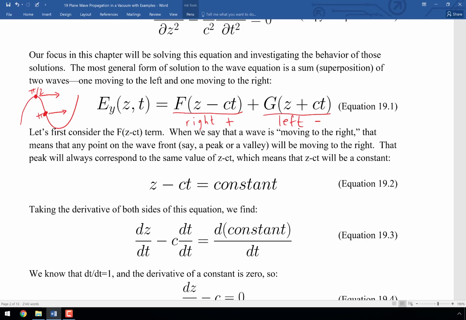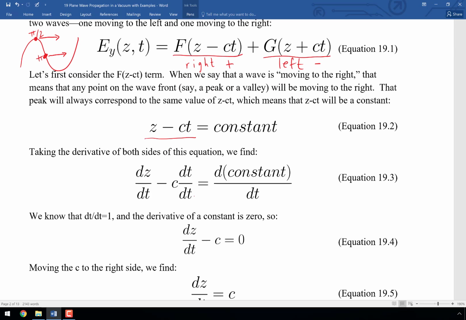Now, as z and t both are changing, it's going to change in such a way that the wave is going to move. We'll see some more examples of this, but what I want you to see right now is that if we look at this first term, f of z minus ct, that z minus ct term is going to need to be constant if we're talking about a particular point along that curve. And if we take that z minus ct as constant, we can take the derivative of both sides. dz/dt minus c times dt/dt, which is just 1, and the derivative of a constant is always 0.